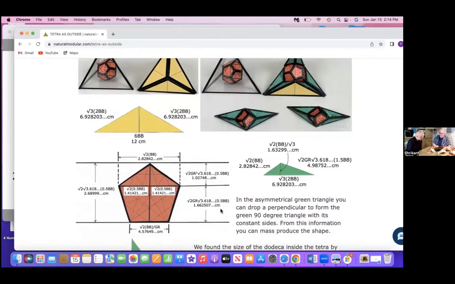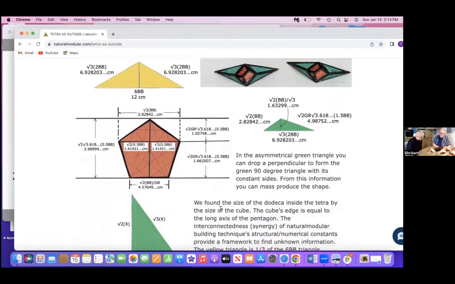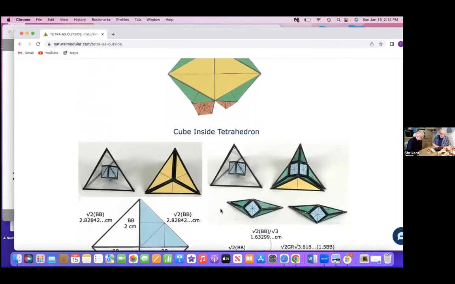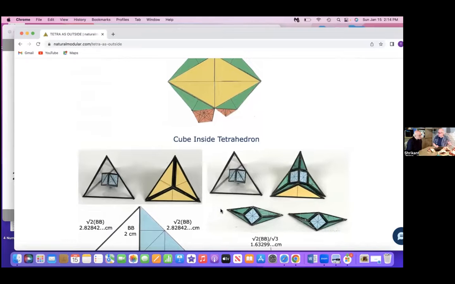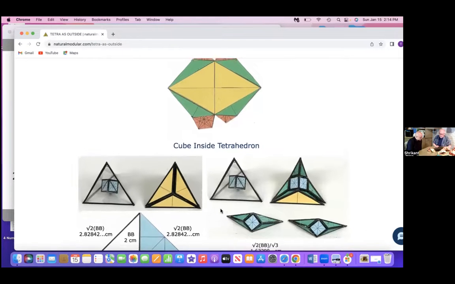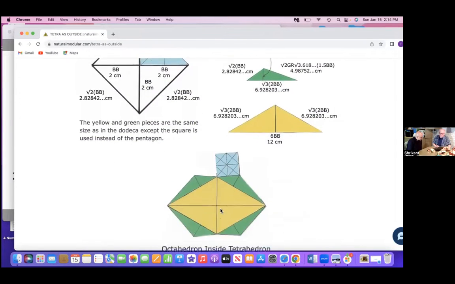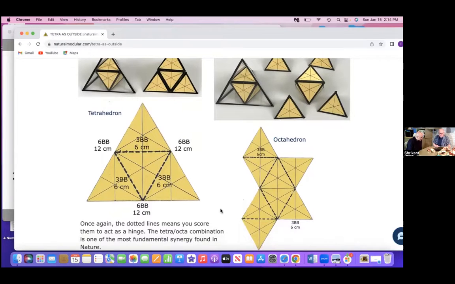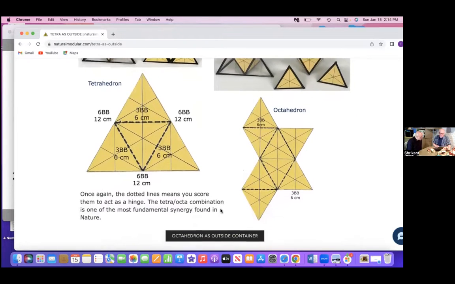And then the dodecahedron and the cube basically do the same thing, because we saw earlier that the cube fits inside the dodecahedron. And then the octahedron inside the tetrahedron is just very simple, straightforward.